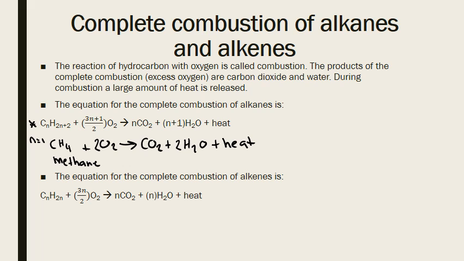This is the equation for the complete combustion of alkenes. For example, if we have ethene, so n equals 2, so ethene is C2H4. Remember this is ethene, plus 3 times 2 is 6, divided by 2 is 3 O2.